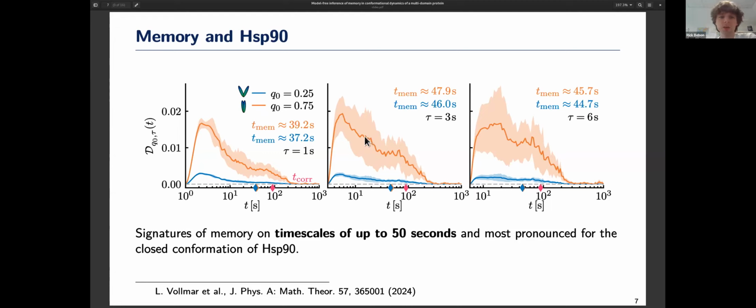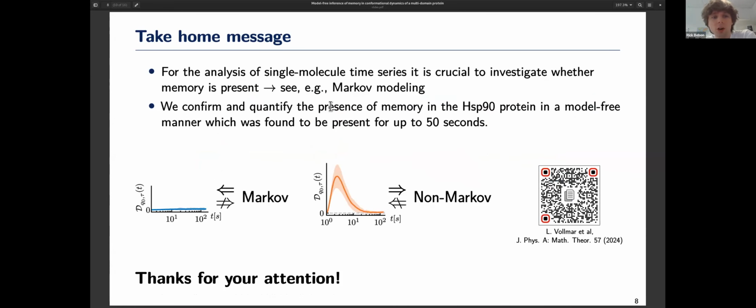With that, I would come to my conclusions. I hope I could convince and motivate you that if you want to analyze single molecule experiments or trajectories, it's important to look at memory effects and to test whether non-Markov effects are present or not, especially if you want to do some Markov modeling at a later step, for example to study dynamics using Markov jump processes.